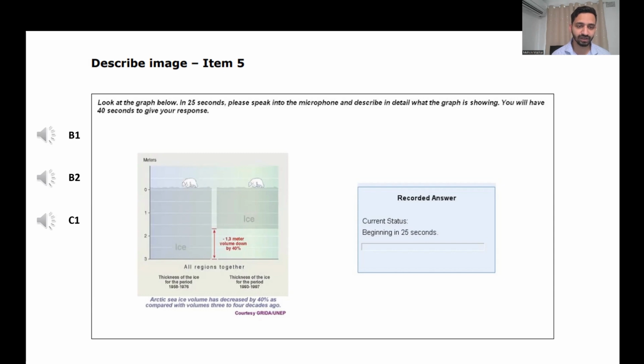So we've got thickness of ice for the period 1958 to 1976. That's the 3 decades ago, right? And the thickness of the ice for the period 1993 to 1997, this decade, the ice volume has gone down, has decreased by 40%. So 1.3 meter volume down by 40%.